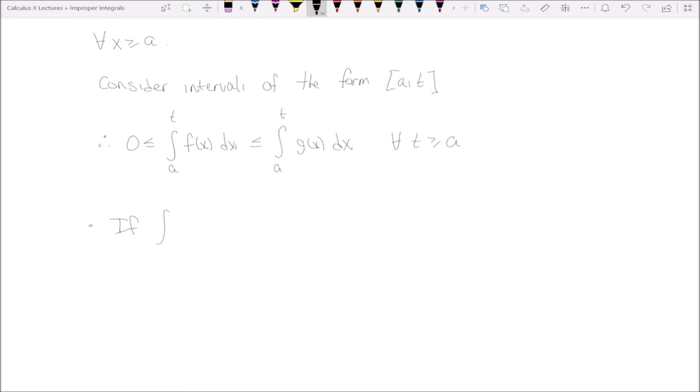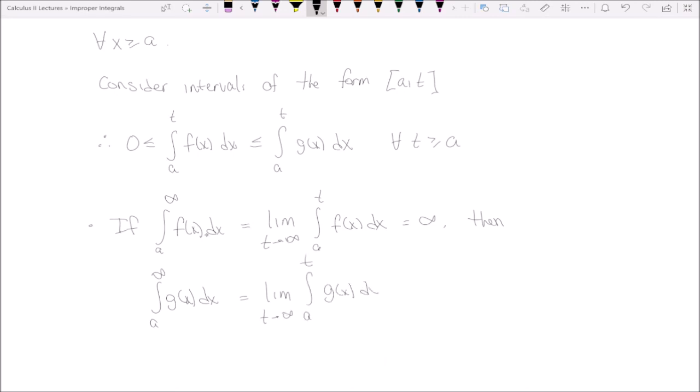If the integral from a to infinity of f of x dx, which is equal to the limit as t approaches infinity of the integral from a to t of f of x dx, is infinite, so this is infinity, then the integral from a to infinity of g of x, which is also the limit as t approaches infinity of the integral from a to t of g of x, must also be infinity.